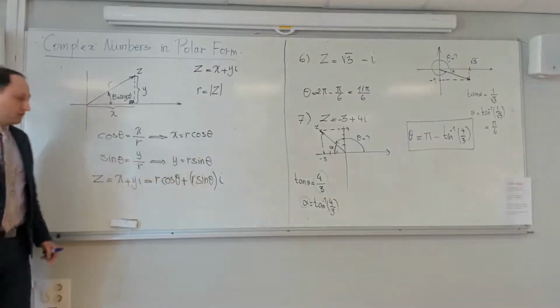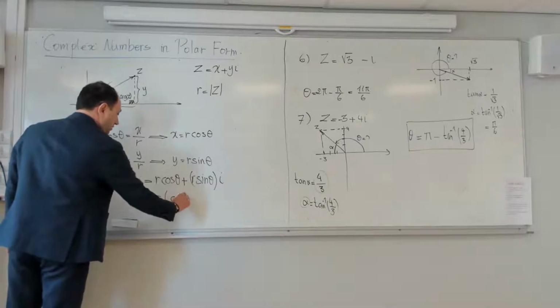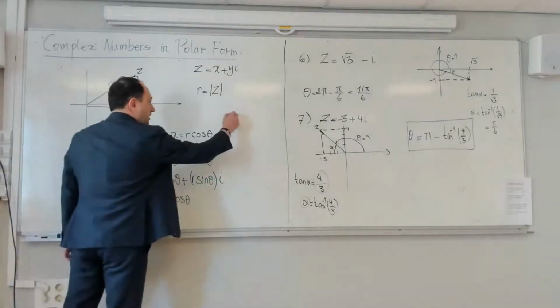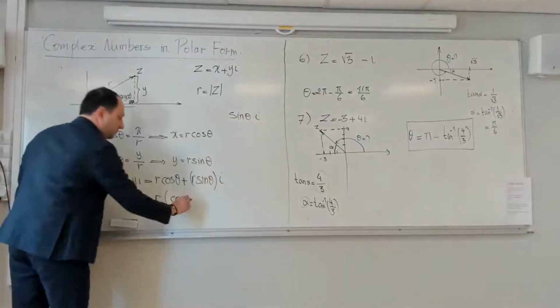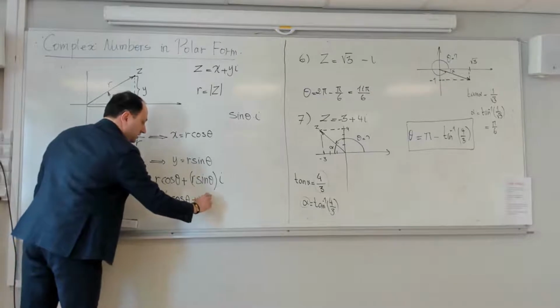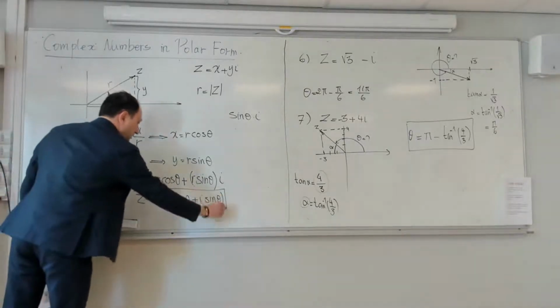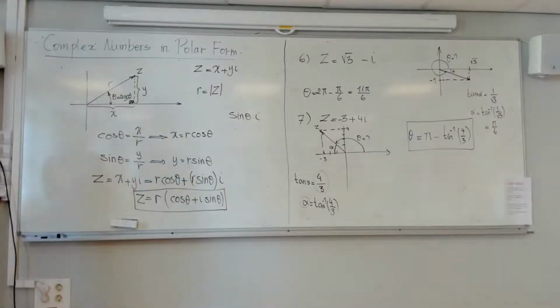I can factor it out, so it becomes r cosine theta plus i sine theta. But it is a little bit ambiguous if I write it like that, so we prefer to write i on the left-hand side. Okay? This is called the polar form of your complex number.